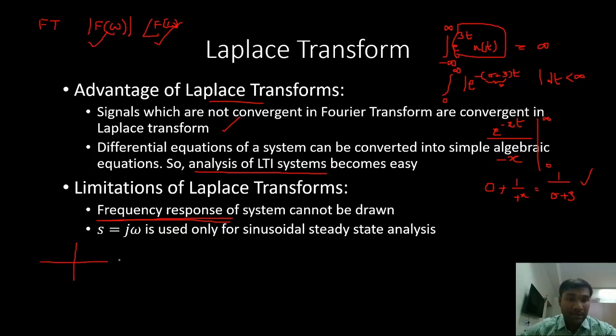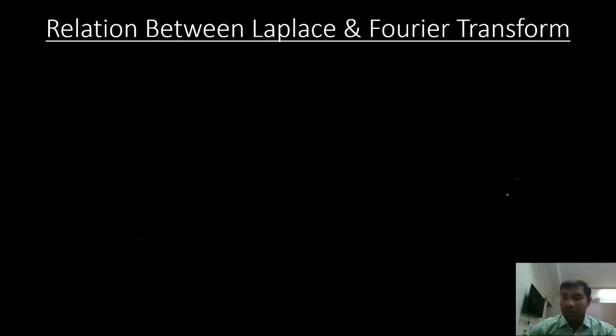This is the S graph. We'll look at this later, but for now, that is what we'll do using Laplace transform. Stability of the system we can analyze using Laplace transform. This S equals to j omega is used only for sinusoidal steady state analysis. This is other limitation of Laplace transform.